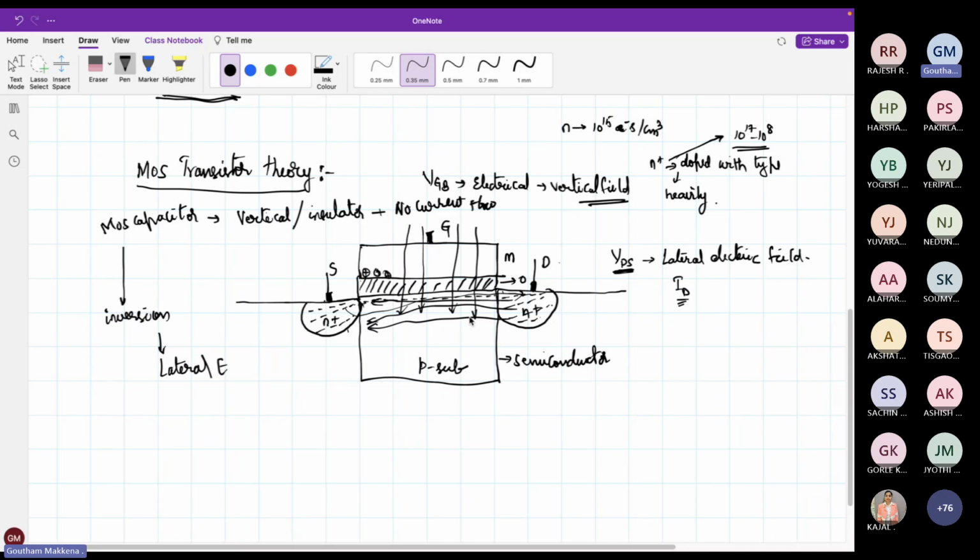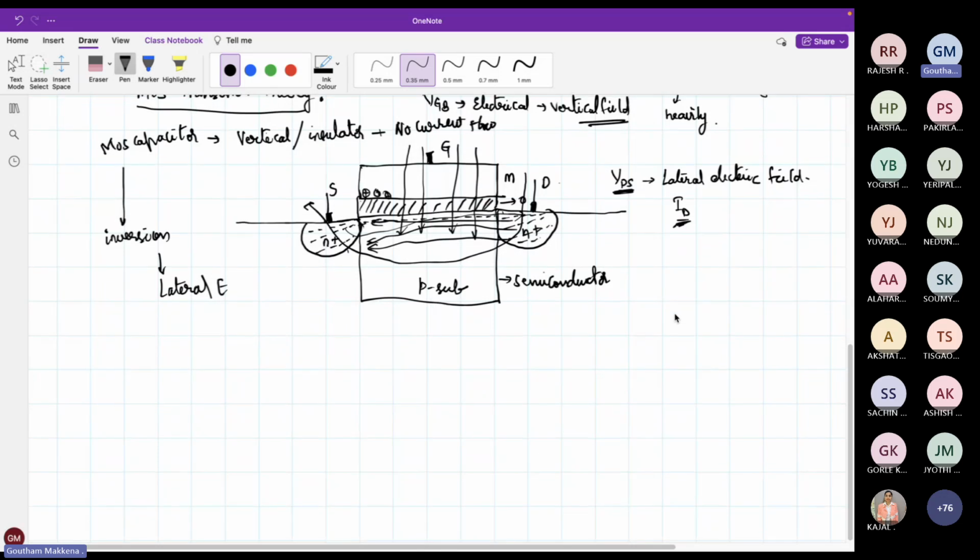When electrons cross over from source to drain, we say that a current is flowing from drain to source, which is called ID. So this forms the basic NMOS structure.